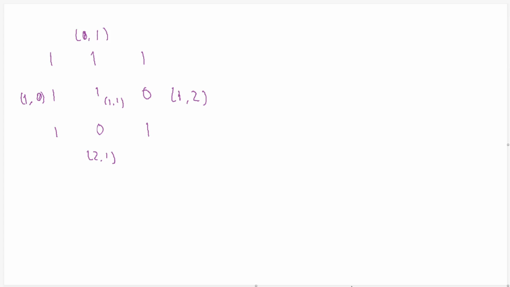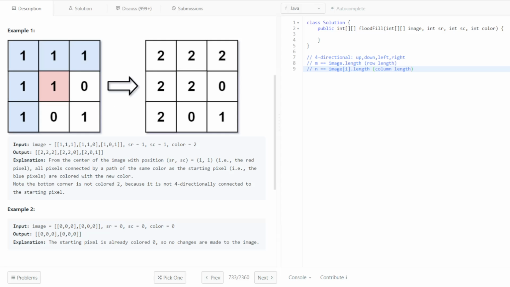I'm sure there's a more elegant way to do it. Let me switch over to LeetCode so we can see the notes. 4 if checks. So first check if within bound, then check if pixel value matches.